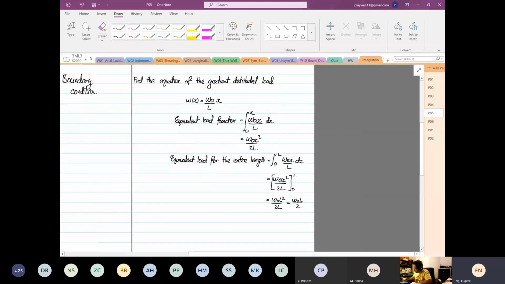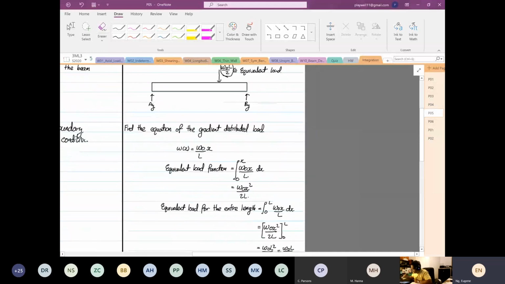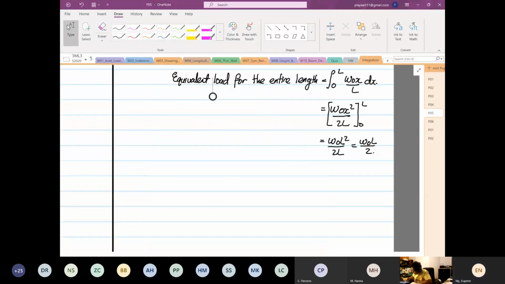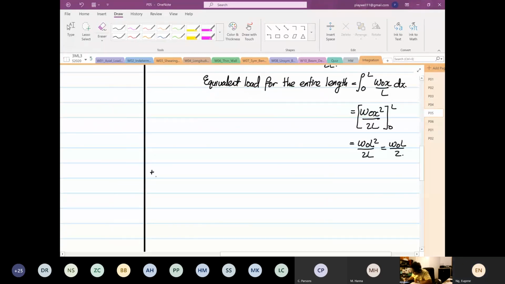Now we have to find our reaction force, and we know the distance from here to here is L over 3. So we're going to take moment about point B, the whole thing equal to 0.